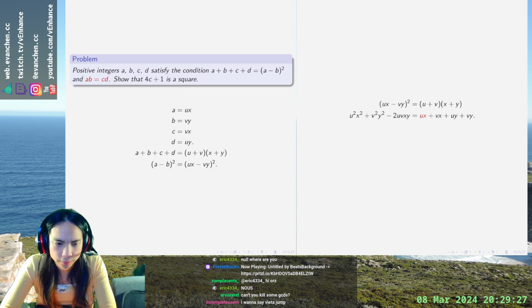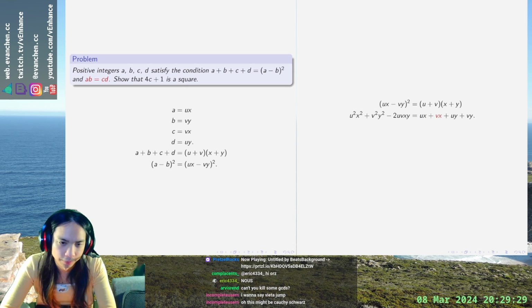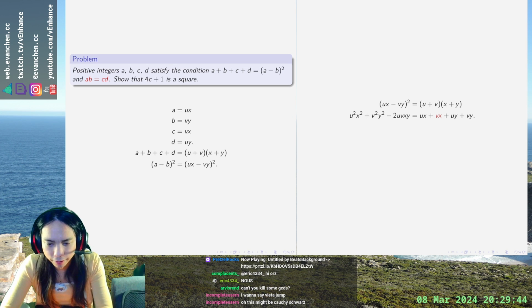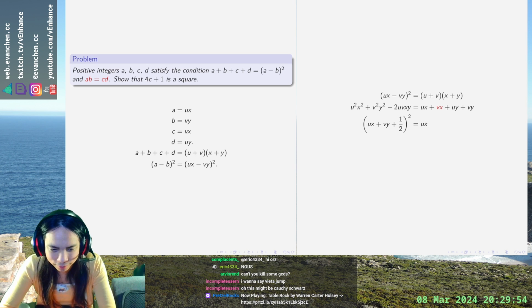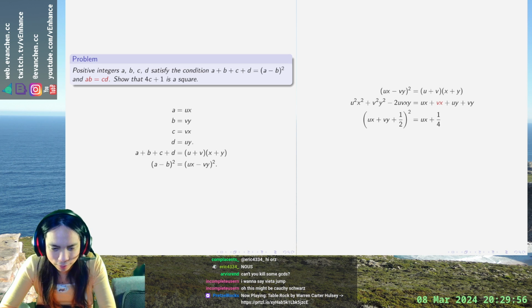We'll use vx. That will be our target because it's the one with c. So is this just going to be (ux + vy) squared? I'm trying to complete a square or something. Plus 1/2. I think it should be something like this. Is this true? I think this is true.